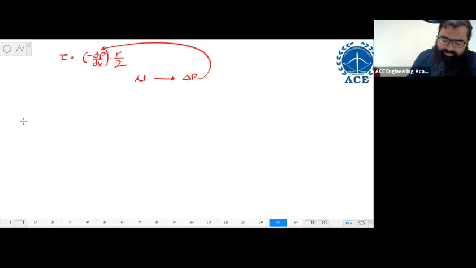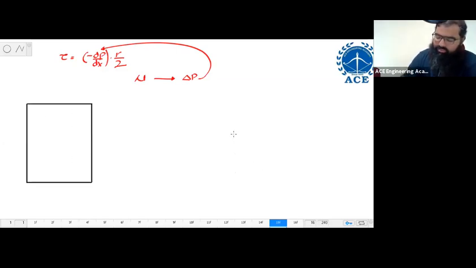Understand it like this. All of you know that a real flow takes place from higher total head to lower total head.